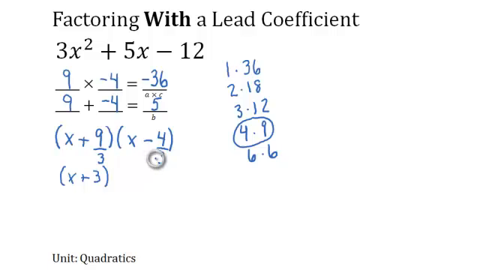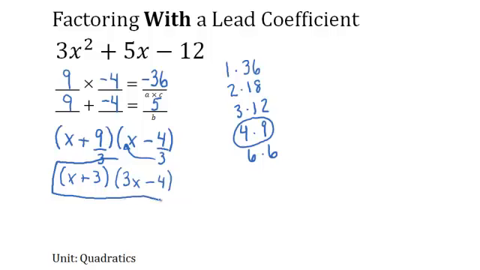What we do is we take the lead coefficient that we've divided by, and if we can't reduce, we bring it up in front of the x in that factor and rewrite that binomial as 3x minus 4. So whenever there's a fraction, we either want to reduce it, or if we can't reduce it all the way, we take the denominator and move it up in front of the x. These two binomials are our answers.